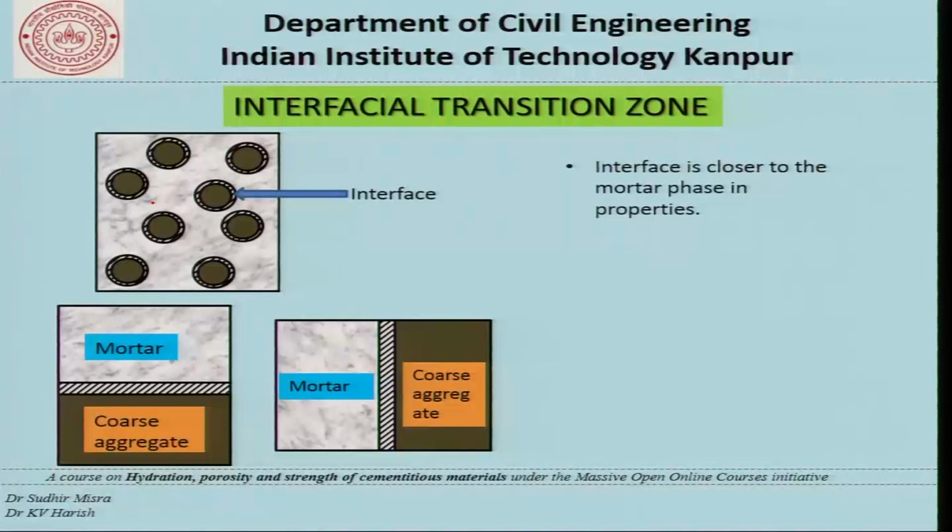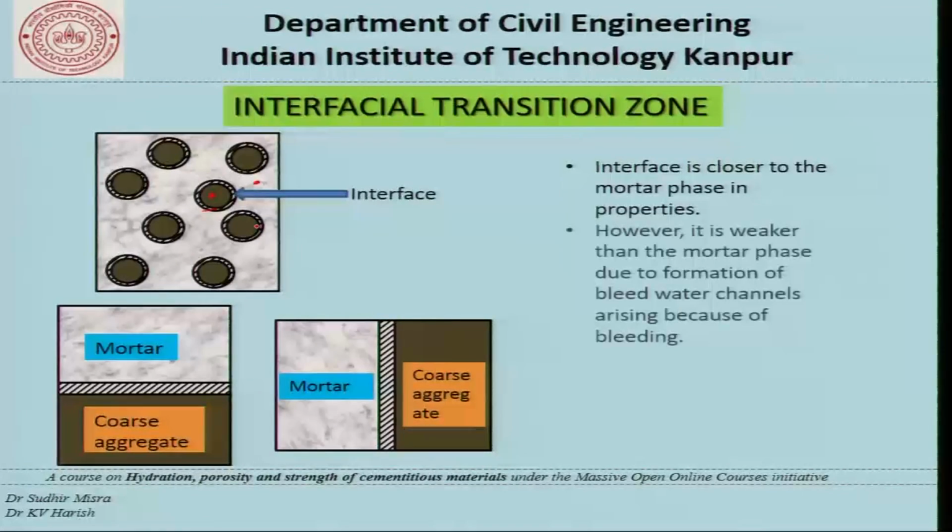See, there is no way that we can argue that this interface between the aggregate particles and the mortar is close to the aggregate, because the aggregate has a very well defined geometry, whereas the mortar is filling the space. And like I said before, because of small amounts of segregation that happen around the aggregate, we have the formation of this interfacial transition zone, the ITZ.